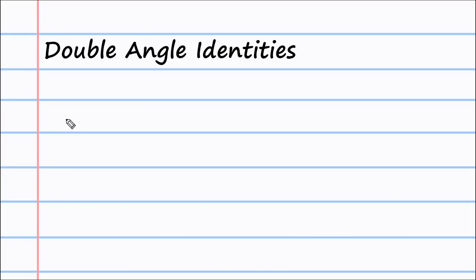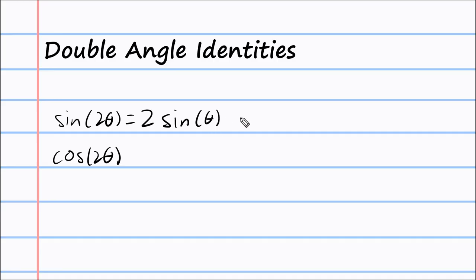Alright, so the last group of identities that we have to learn are the double angle identities. So the double angle identities deal with stuff like sine of 2 theta and cosine of 2 theta. Sine of 2 theta is equal to 2 sine theta cosine theta.